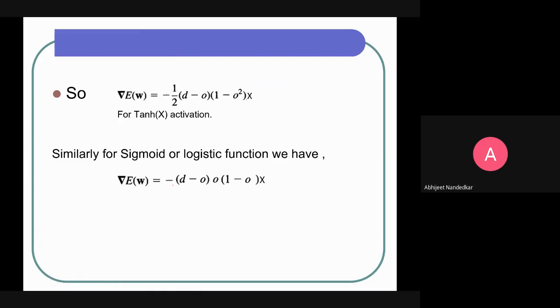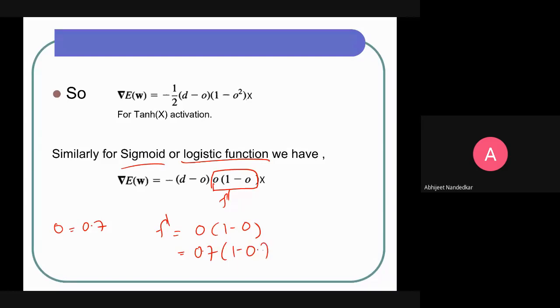So if I use the logistic function or sigmoidal function, you see this is f dash. So f dash is equal to O into 1 minus O. That means O is suppose 0.7, then f dash is 0.7 into 1 minus 0.7. Right.